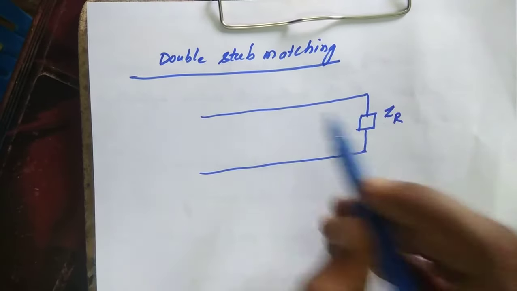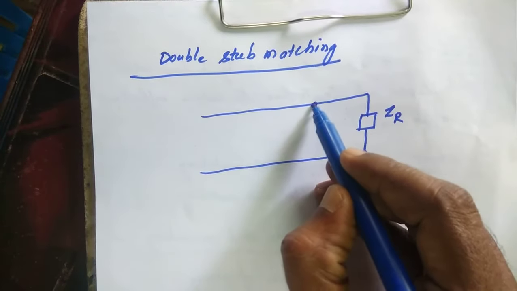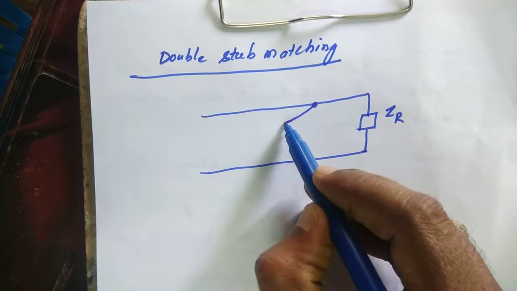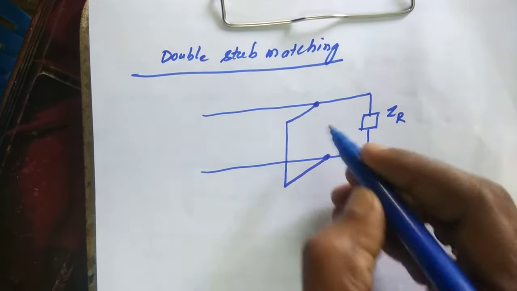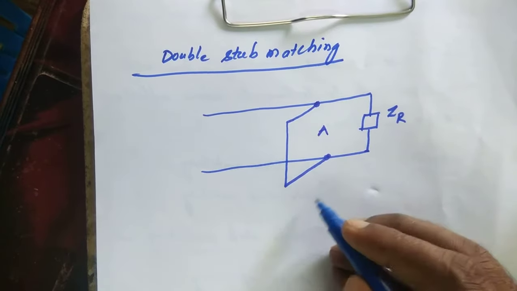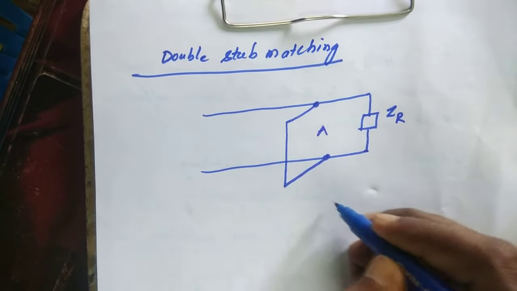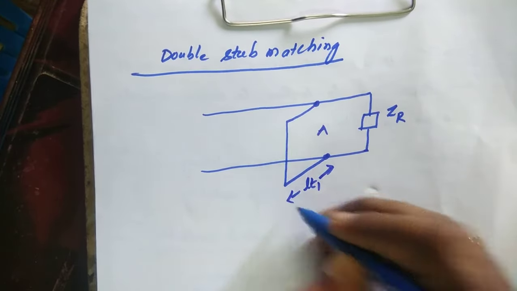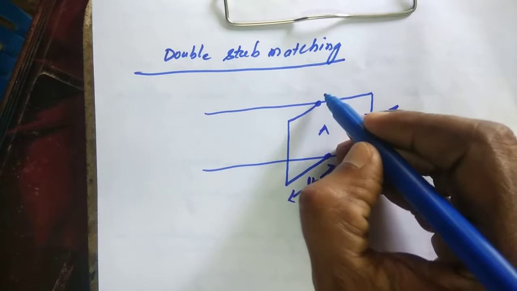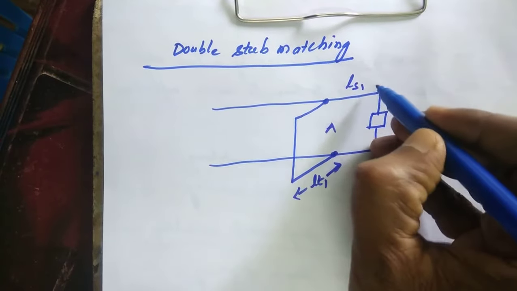First of all, we consider a short section, stub 1, positioned at A, whose length is LT1, and the location of the stub is LS1.